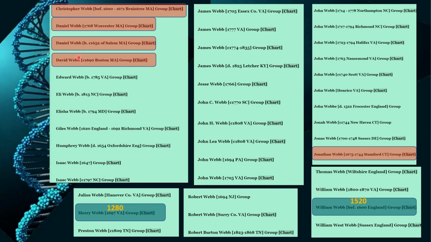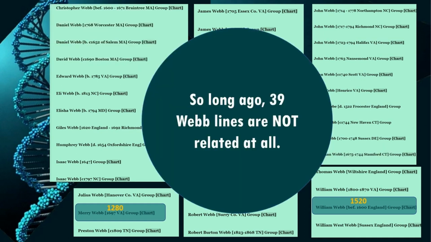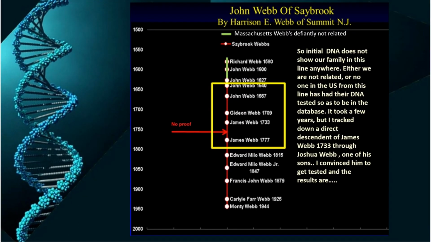So there's a David Webb, a Daniel Webb, and a Christopher Webb. All have been used from time to time as extensions on our line, and we're not related to them at all. This is so long ago, these 39 Webb lines are not related at all. So, in green are the Massachusetts Webbs that we're not related to, and this is what gets stuck all the time.